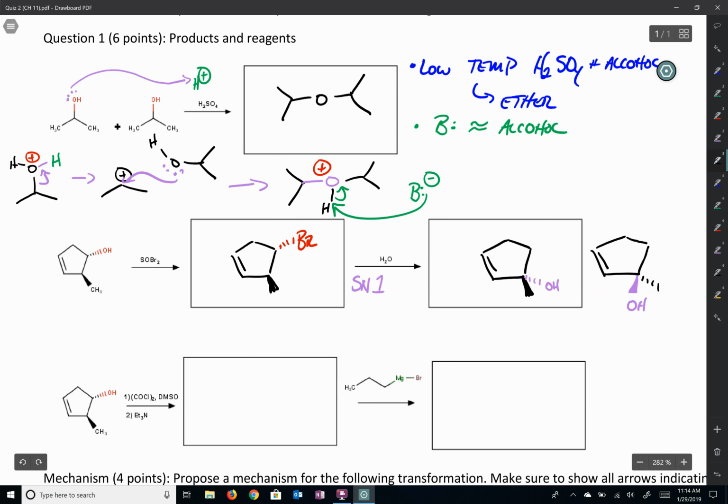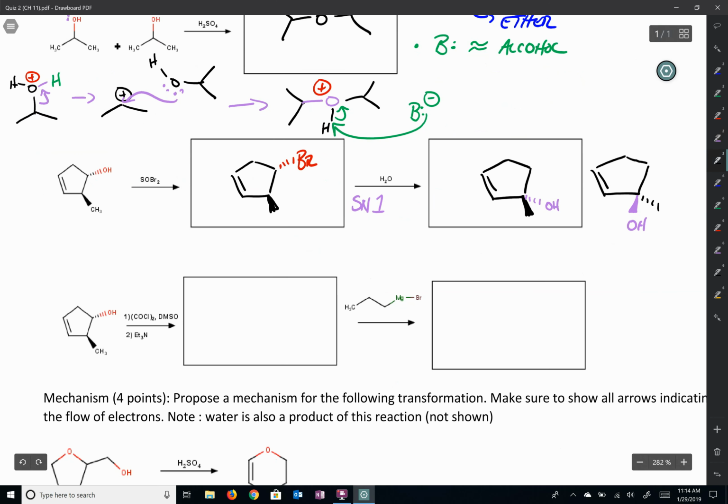All right, question 3. Got that same kind of core structure there of a cyclopentane with our methyl group and our double bond. We got an alcohol, and we've got that COCl2, the oxalyl chloride with DMSO, and then triethylamine. This is our setup for a Swern oxidation.